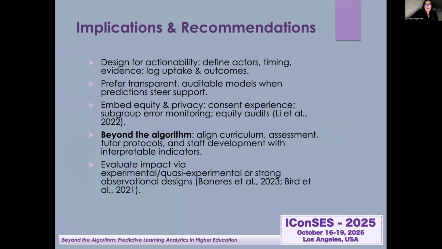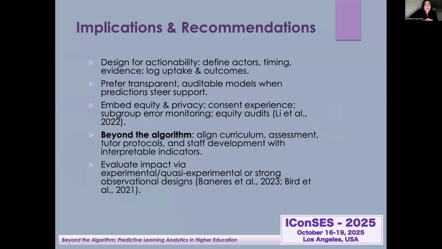What are the implications we get from this study? We need designs for action. Who are the actors? What is the timing? What is the evidence? What outcomes will be gathered and how can we use them as higher education practitioners or administrators?